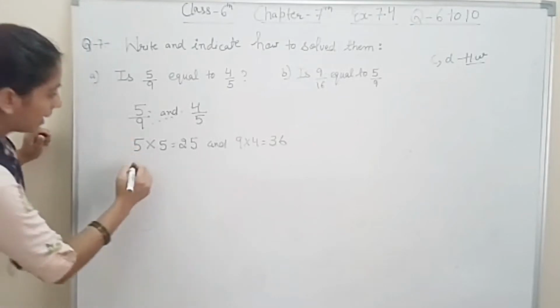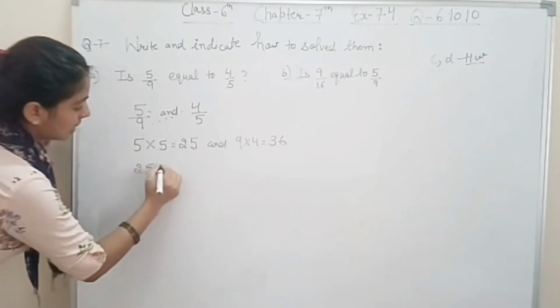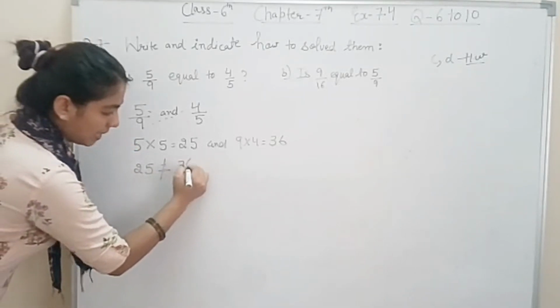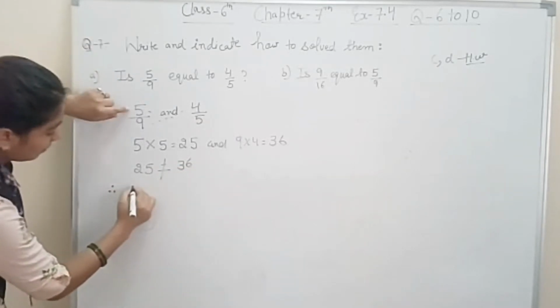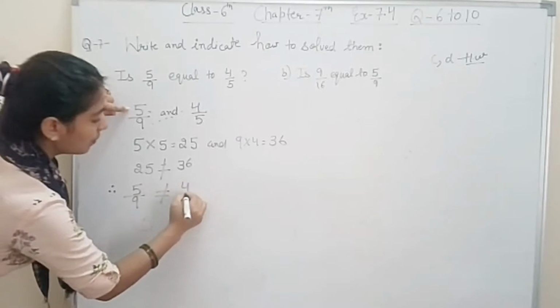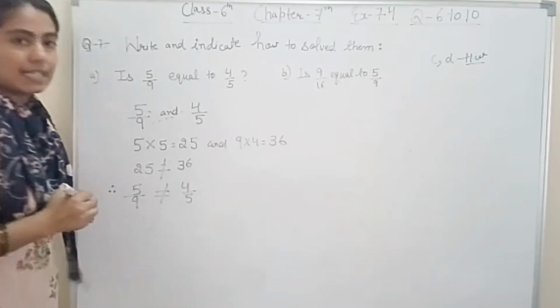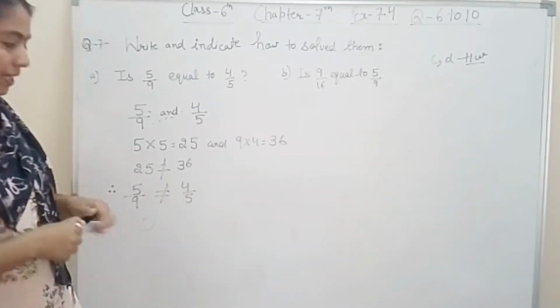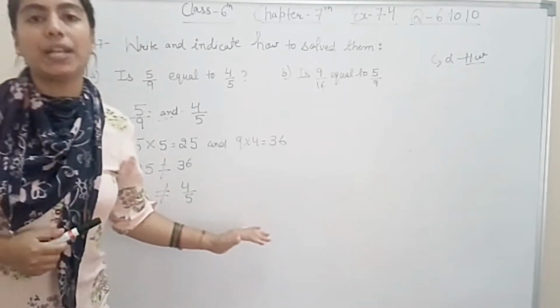No. So what we'll write? 25 is not equal to 36. So therefore the given fraction 5 by 9 is not equal to 4 upon 5. That's it. In that question we wrote the given fractions are not equivalent fractions.